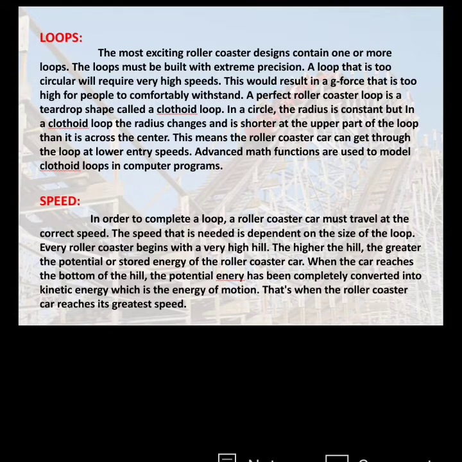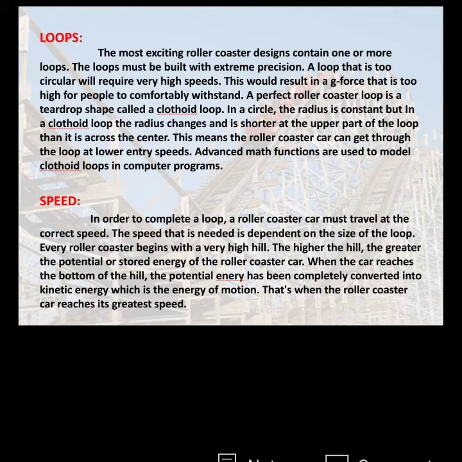In a circle, the radius is constant, but in a Clothoid loop, the radius changes and it is shorter at the upper part of the loop than it is across the center. This means the roller coaster can get through the loop at lower entry speeds. Advanced math functions are used to model Clothoid loops in computer programs.